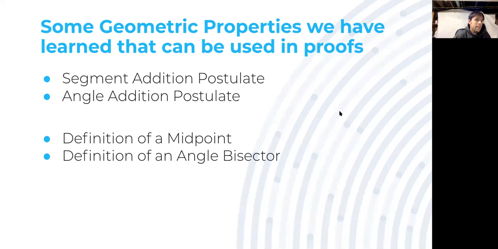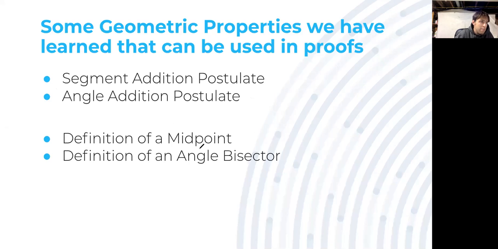Okay, so there are a few geometry concepts that we're going to be putting in there. The first one are these two concepts of the segment addition postulate, which we just used in the previous problem. We can also throw in the angle addition postulate. That's the same thing, but with angles. A couple other things that are important around those same ideas is the definition of a midpoint.